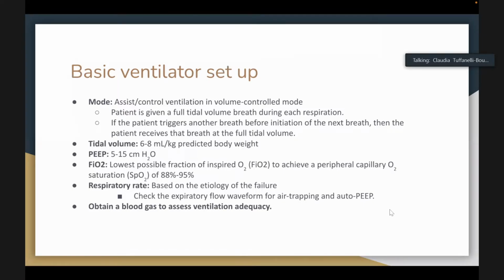For me, when somebody gets put on the ventilator, typically I'm going to put them on assist control ventilation, so volume control mode. What that basically is, you set a rate for the patient, and if they are not breathing over the vent at that rate, they get a specific amount of oxygen. If they're breathing over the rate that you set, then at each one of those breaths, they'll get a little assistance.